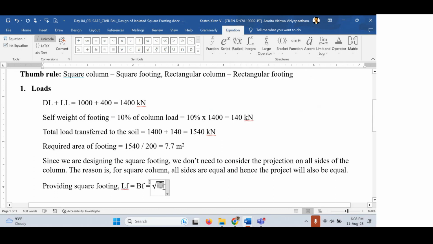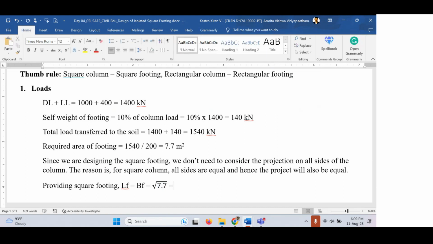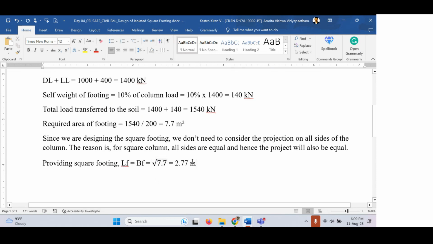square root of area. What is the area? 7.7 square meters. So when you take the square root of 7.7 square meters, the value will become 2.77 meters. Since we are designing a square footing, on all sides the dimension remains the same.